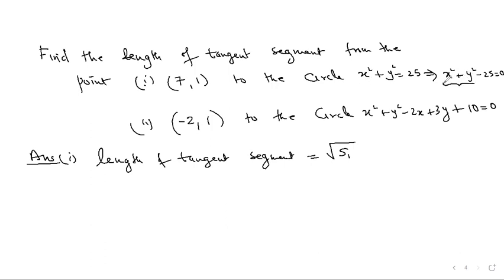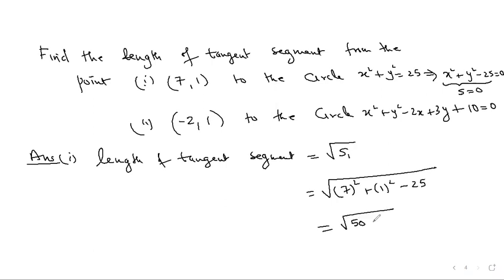This is S. S1 means substitute the point. So root of 7 square plus 1 square minus 25, root of 50 minus 25, that is root 25, which is equal to 5 unit. So length of the tangent segment is 5 units for the first question.